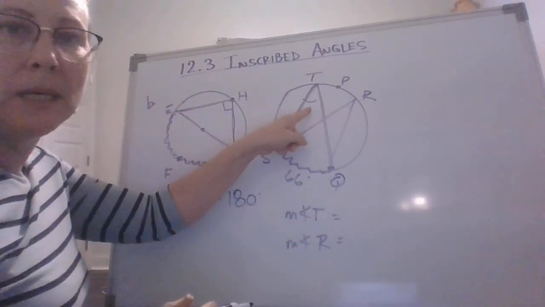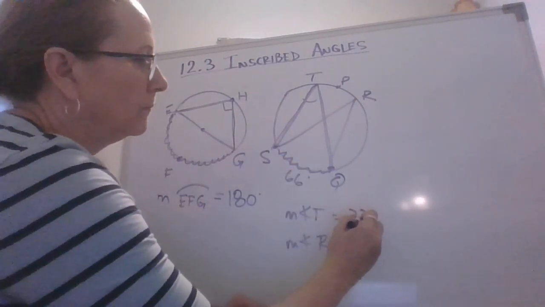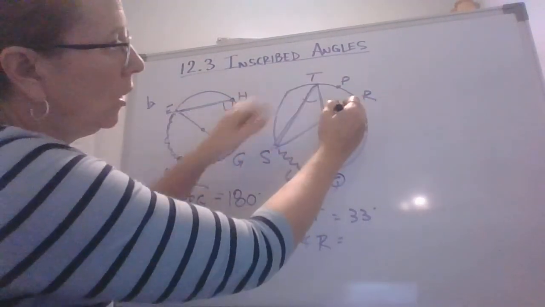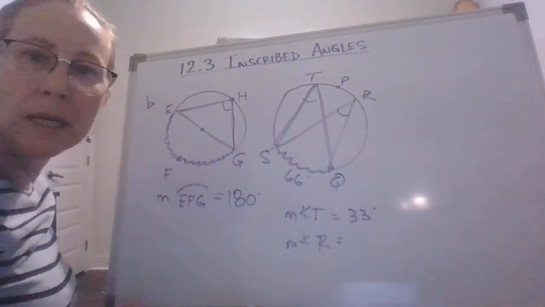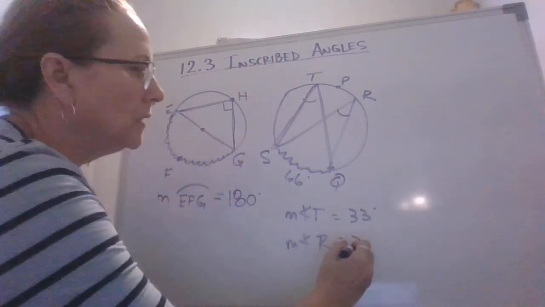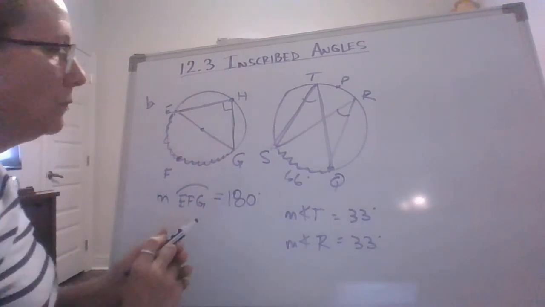So the angle must be half of the arc, 33 for T. Well, if we follow these back to R, it has to be also the inscribed angle for 66, so it is also 33 degrees. All right, moving on.